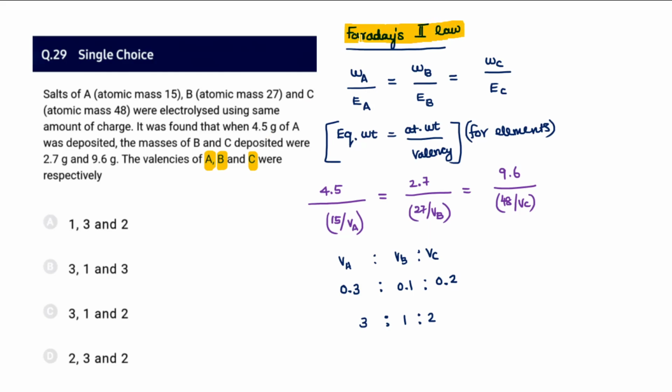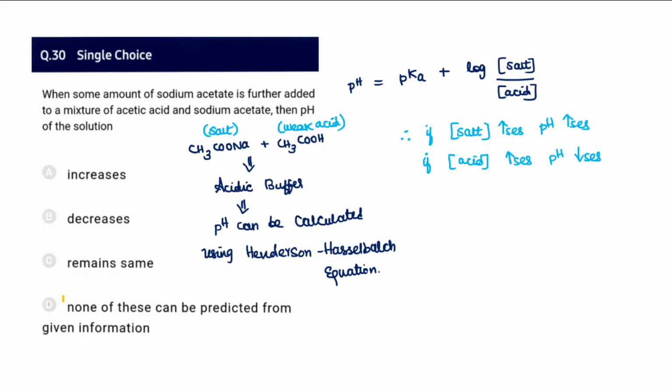Faraday's second law says WA by EA equals WB by EB, which in turn equals WC by EC. Equivalent weight can be written as atomic weight by valency for the elements. Upon taking the ratio, we get 3:1:2. So the option that matches exactly is C, 3:1:2.